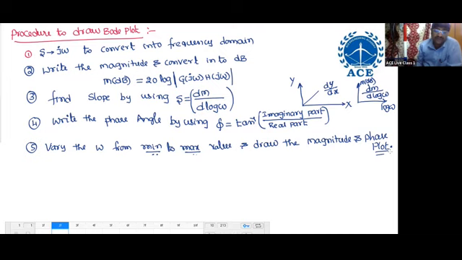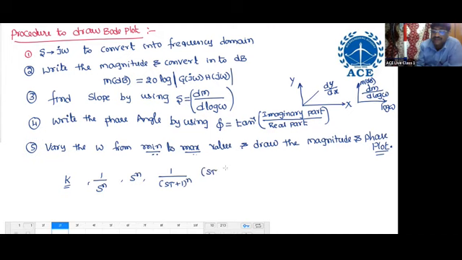Now note the first problem. To draw the Bode plot directly without any calculation, you should know the slope and phase angle for K, for n poles at origin, for n zeros at origin, for 1 by s tau plus 1, and for n finite poles and n finite zeros.